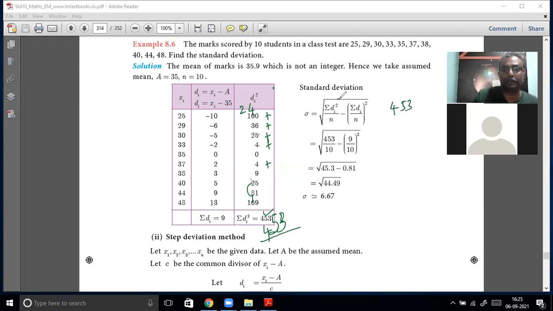You put that here, in this one. N you have found out: how many values are there? 1, 2, 3, 4, 5, 6, 7, 8, 9, 10. N is equal to 10. Okay, 453 by 10, minus sigma di by n the whole square.